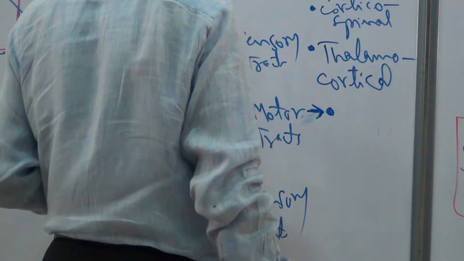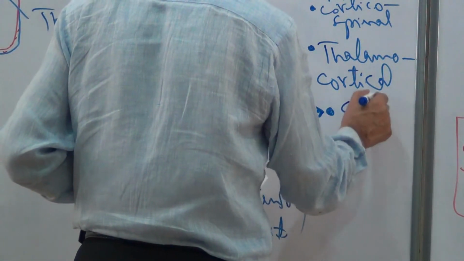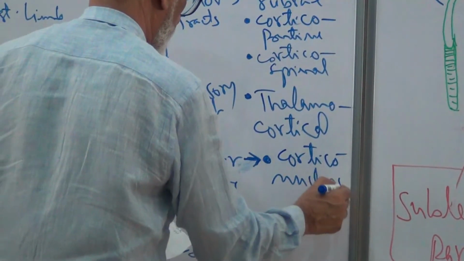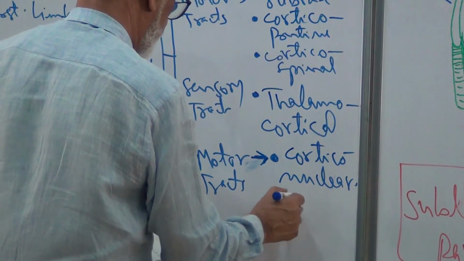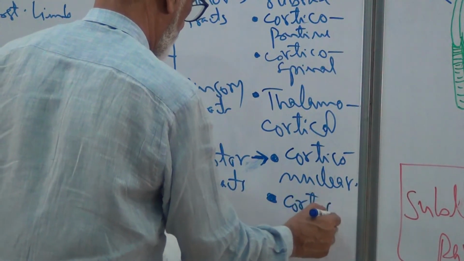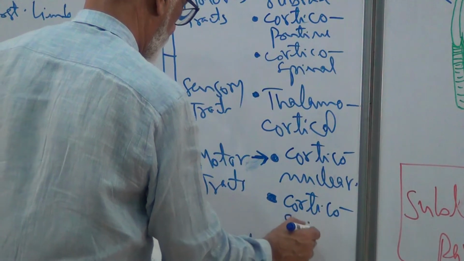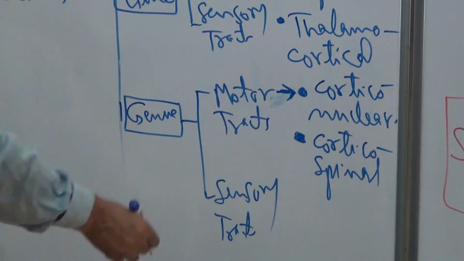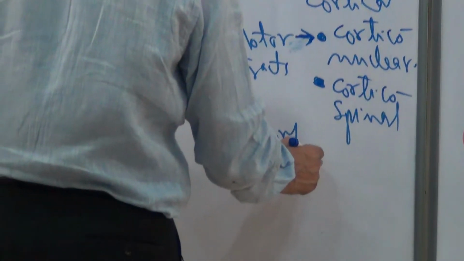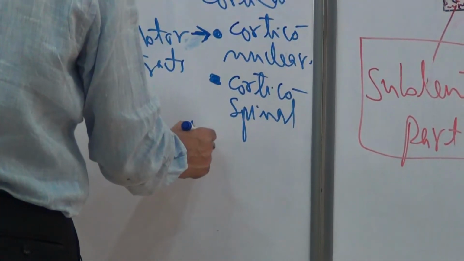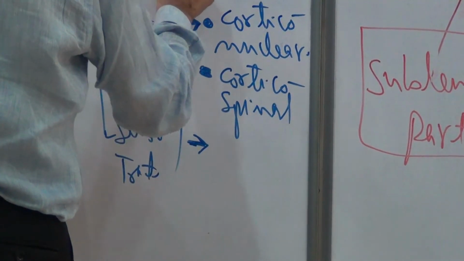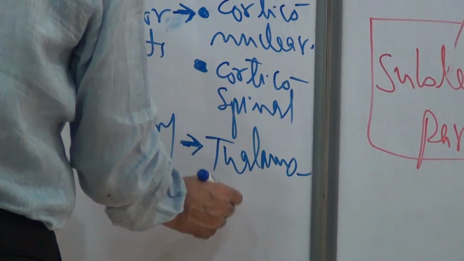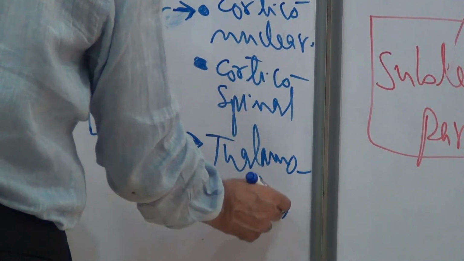The corticonuclear and corticospinal tracts pass through the genu, and the sensory tracts are again thalamocortical fibers.